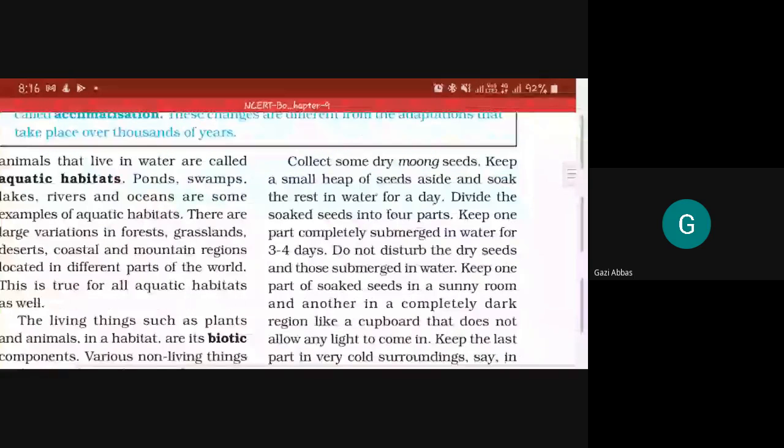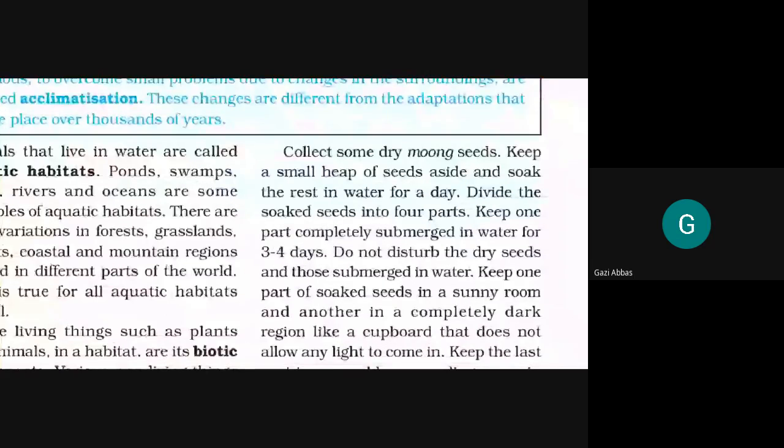Yes, read it, Fatima. Collect some dry moong seeds. Keep a small heap of seeds aside and soak the rest in water for a day. Divide the soaked seeds into 4 parts.